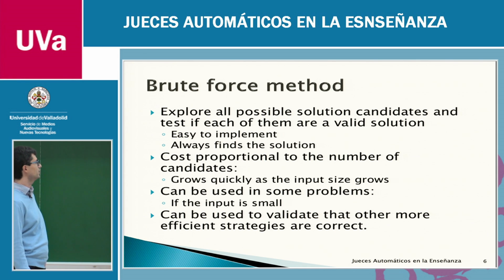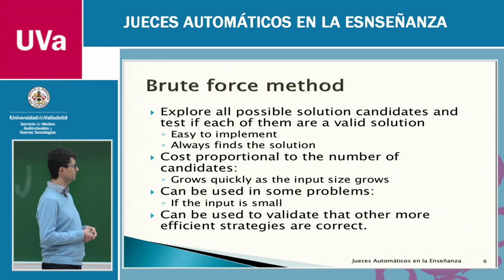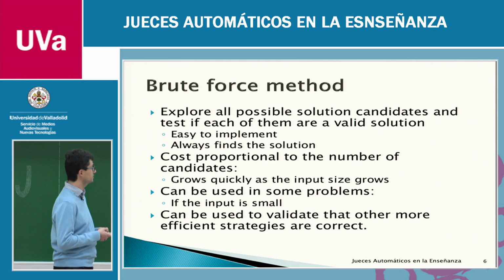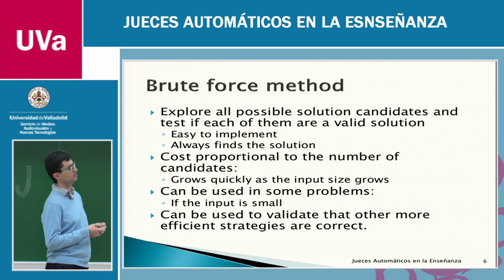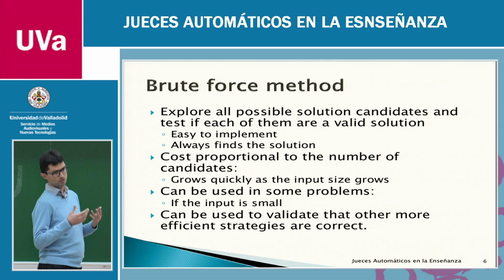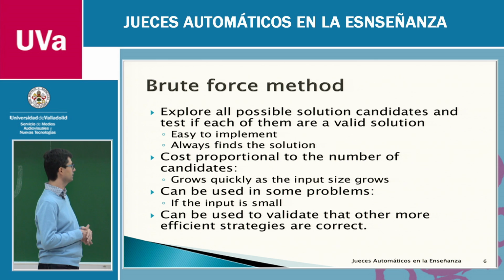to try all the possible candidates for a solution. This is very easy to implement and always finds the solution, but most of the time it is not the solution that the judge is expecting. So maybe it's a first try to understand the problem, and it can also be used to check if another solution outputs the right thing.